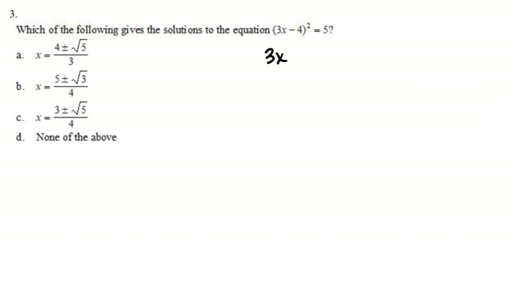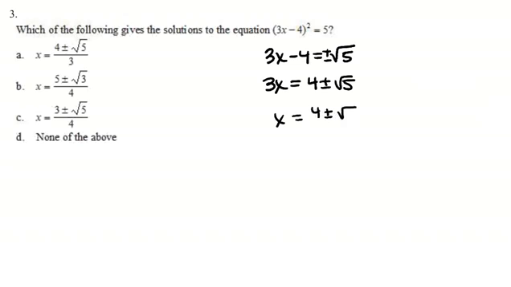So I'll say that 3x minus 4 is equal to the square root of 5, or maybe the negative square root of 5. And then I'm going to add 4, and then divide by 3. So I've got 4 plus or minus the square root of 5 divided by 3. And that's looking like answer choice A.